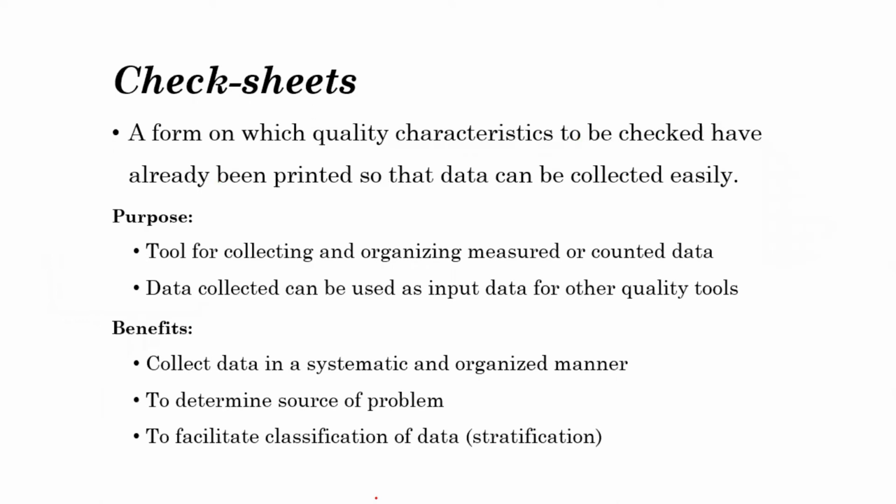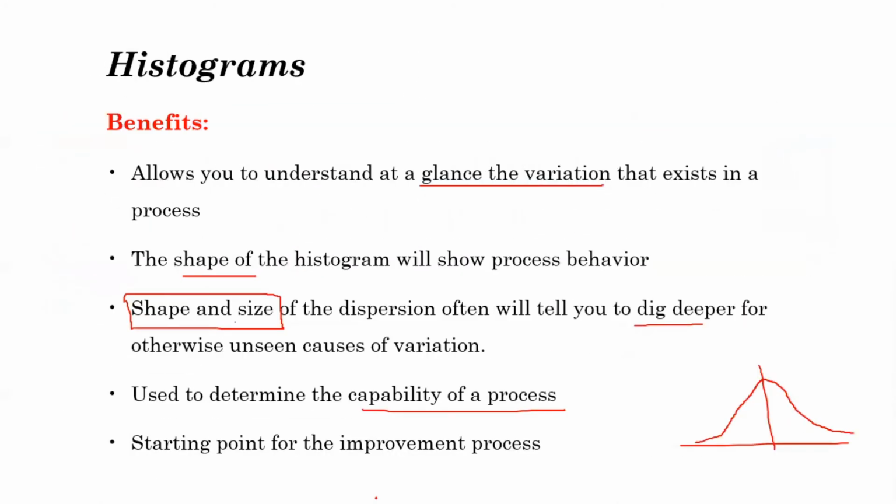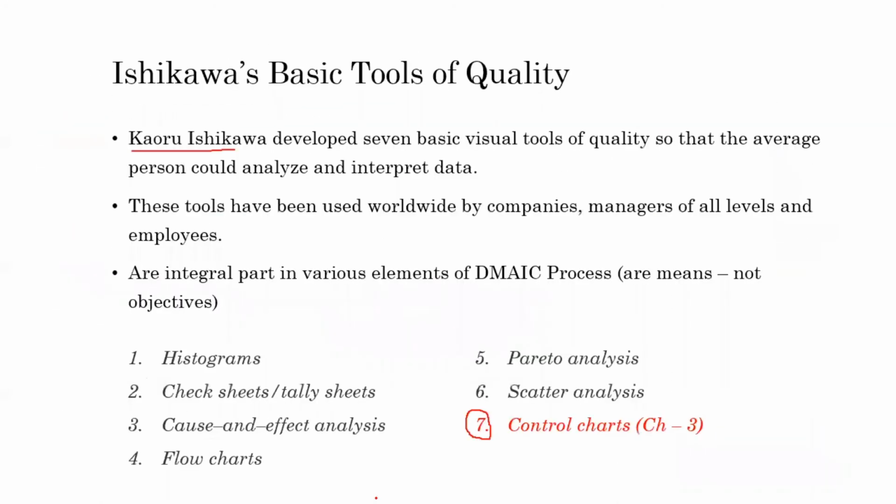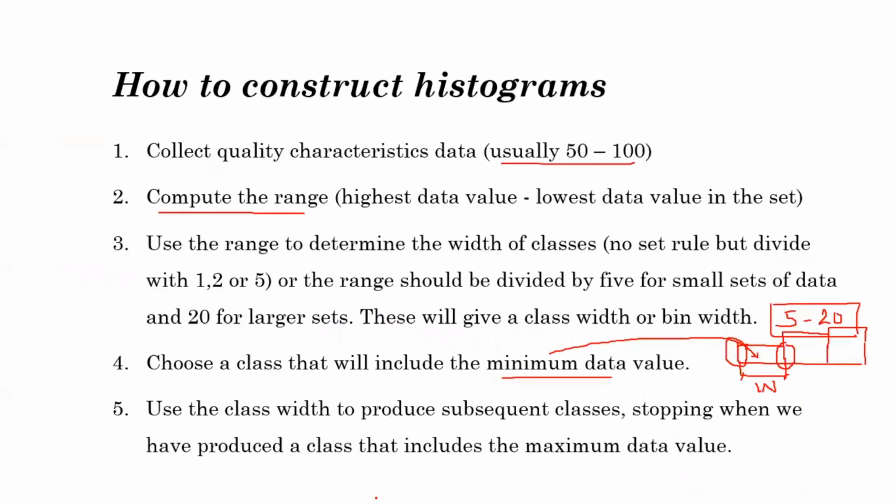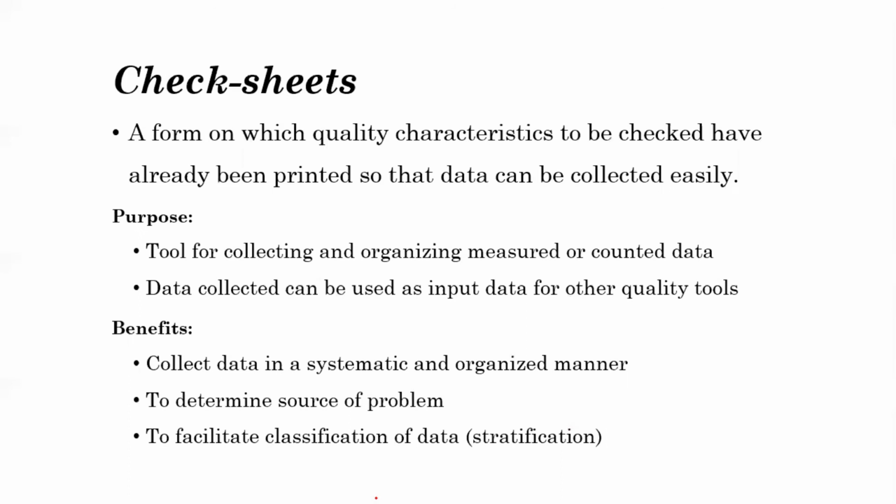The next one is the check sheet. As you can see from the list, we have the check sheet or tally sheet. Normally, these check sheets are developed just to collect data. That is the first intention. You can collect data in any way that you desire. However, when you collect data, you need to be systematic and very critical as to what you are looking for.